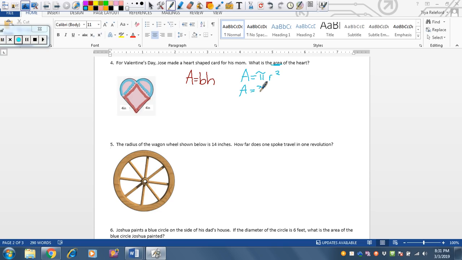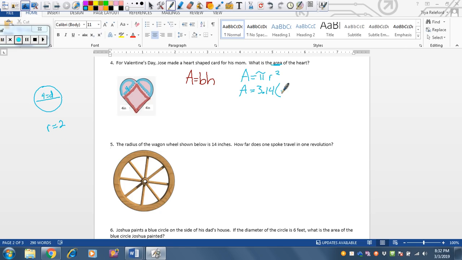You know pi is 3.14. The radius, though, this side is 4, this side is 4. But that's not the radius. 4 is the diameter. So then the radius is 2.